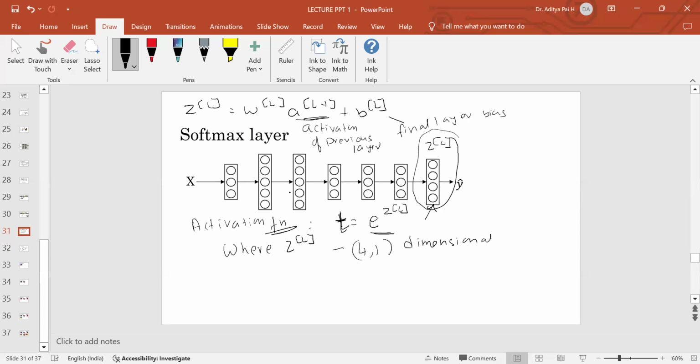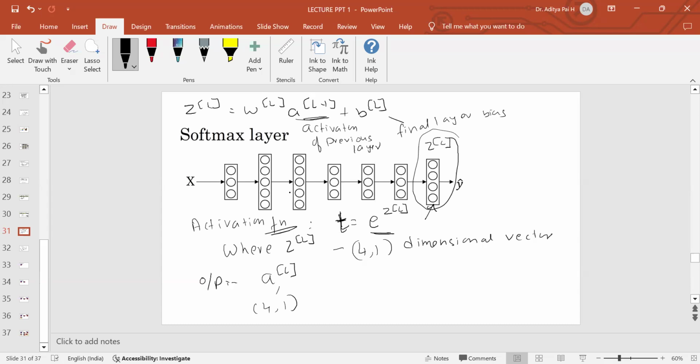The output of this z of l is calculated by a of l, which is the actual output we get, represented as a 4, 1 vector. Why a 4, 1 vector? Because there are 4 inputs coming to the output layer.